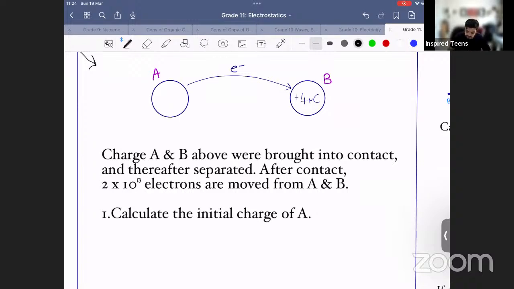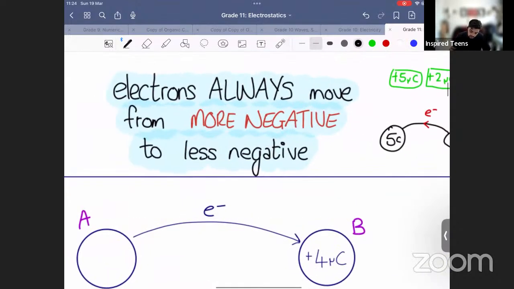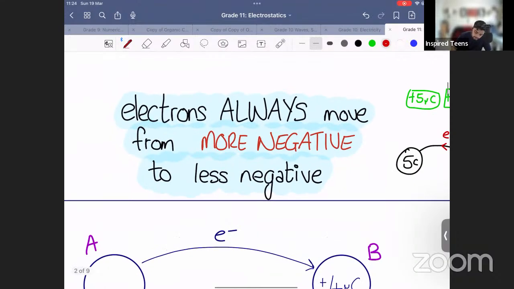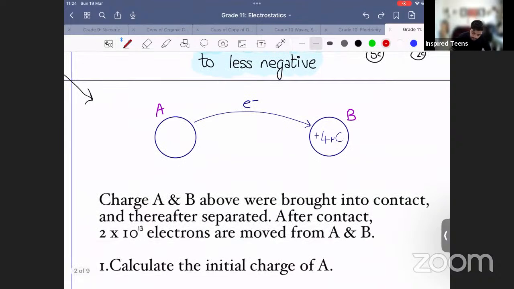Yes, indeed, you are correct. It is A. Because remember, electrons always move from more negative to less negative. So if the electrons are moving from A to B, A is more negative.